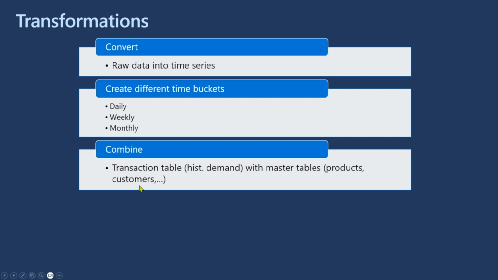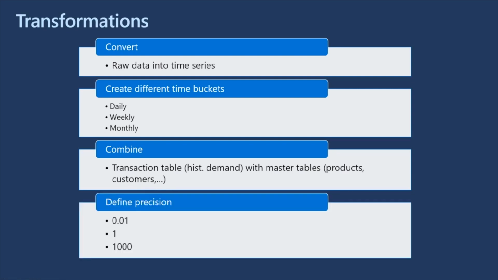Usually these columns are not part of the historical demand table or any historical table that we are importing. Therefore, we have made available a possibility to connect a historical table with multiple master tables for different dimensions. For example, in the product table, we can define the hierarchy for products, product groups, product family, and so on. And the same for customers or legal entities or whatever we want to group.